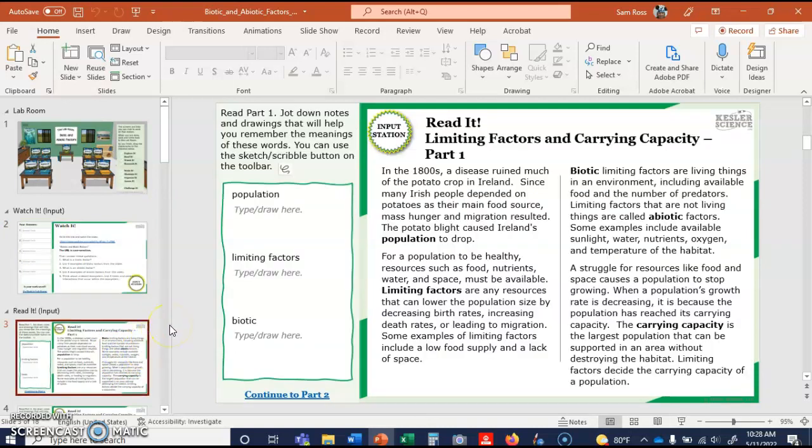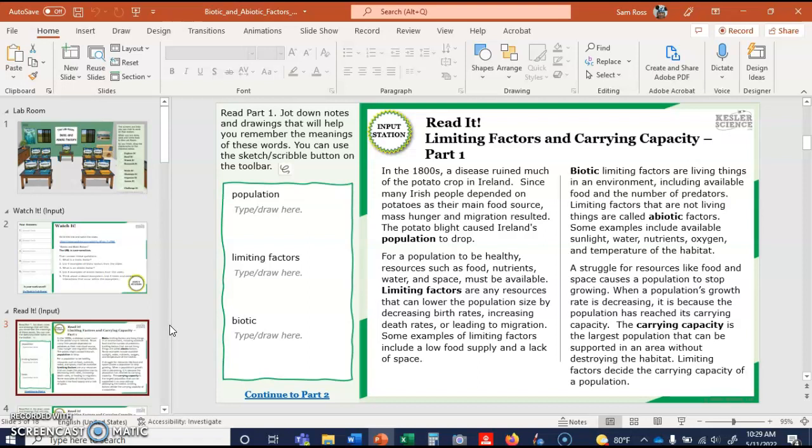And then read it, limiting factors and carrying capacity. So over here you have population, limiting factors, and biotic. So population, you'll have a definition here for population. It doesn't look like there is a definition for population. Limiting factors, you have the definition here. Biotic definition is there, abiotic.